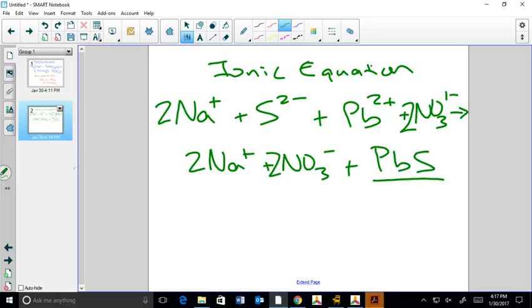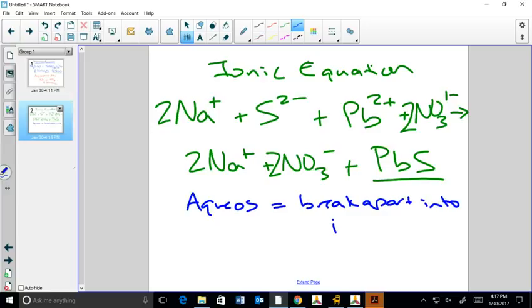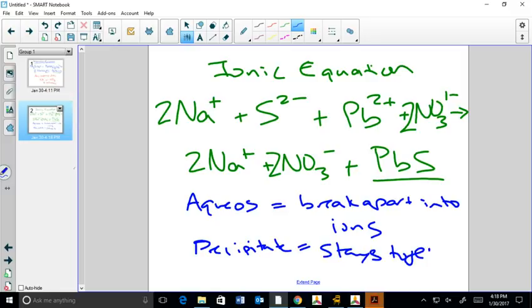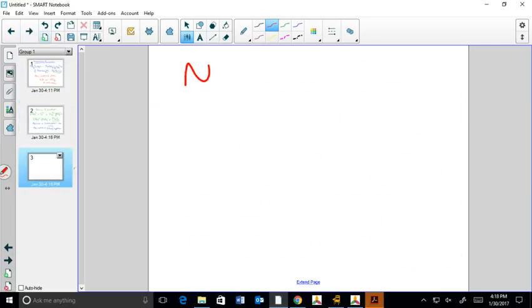And that is the key part, that the aqueous ones break apart into their ions, and the precipitate stays together. So I have my lovely ionic equation.